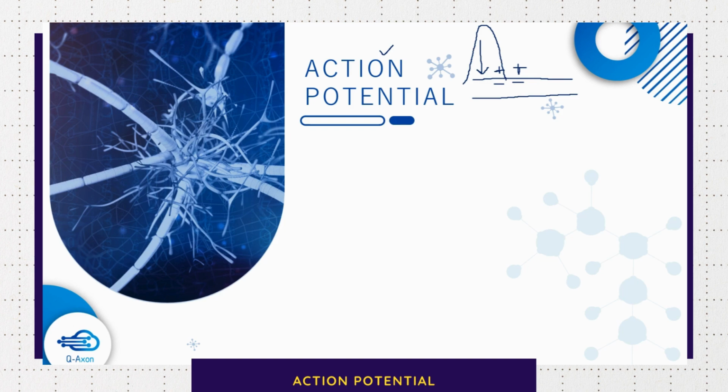So there is a large potential generated here, and there is a reversal of polarity, which means now the inside becomes positive with respect to the outside. And then what happens to the signal? The action potential is conducted across the axon until it reaches its destination.